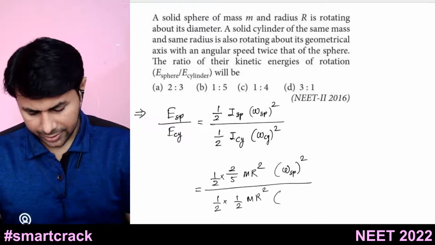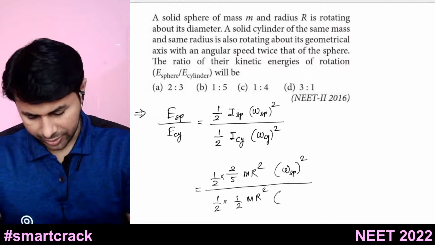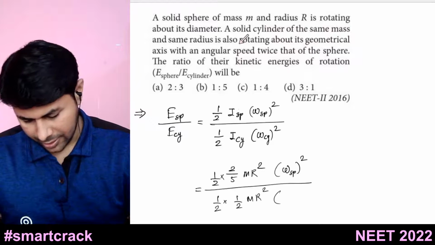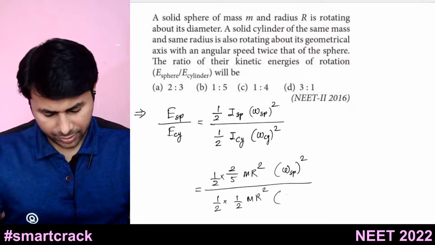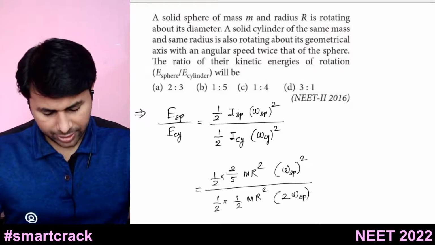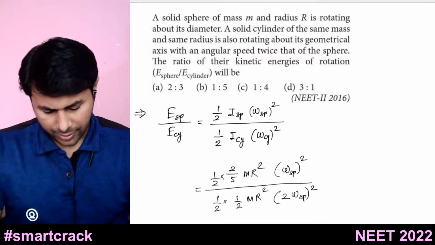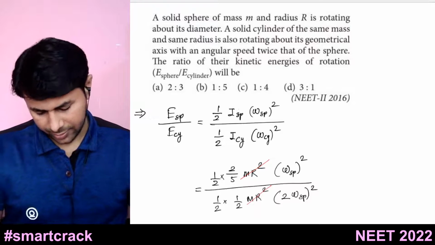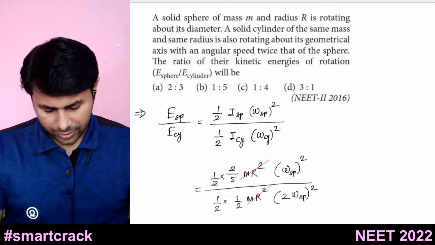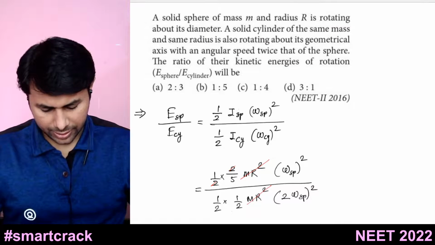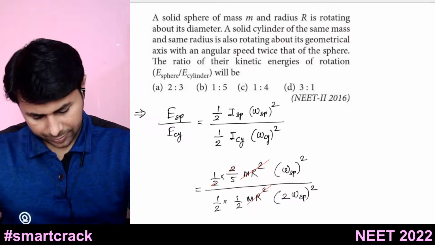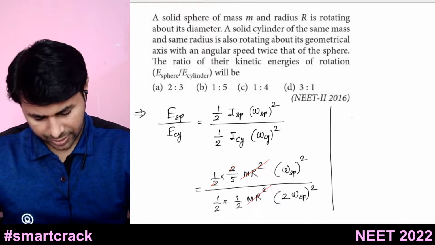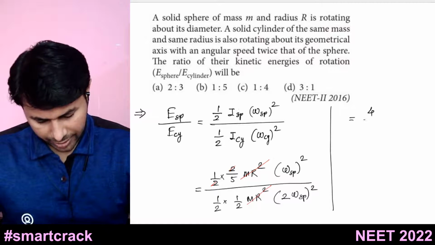It's given that the angular velocity of the cylinder is twice that of the sphere, so we can substitute that too. It is 2 times angular velocity of the sphere, square. So the halves get cancelled out. We have this 4, and the denominator of the denominator goes into the numerator, so this is equal to 4 by 5.